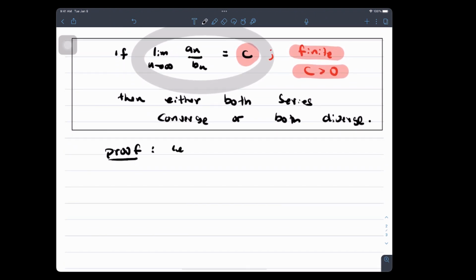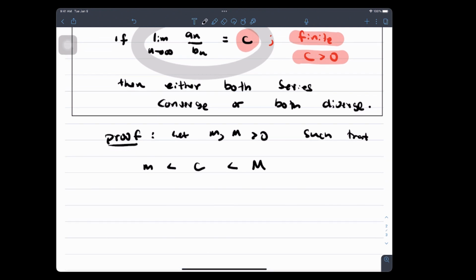Okay, we're going to consider two numbers that are both positive, such that little m is less than C, which is less than big M. Okay.